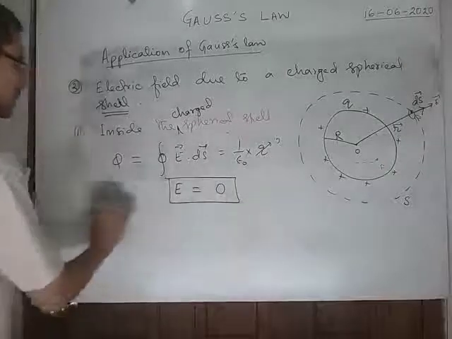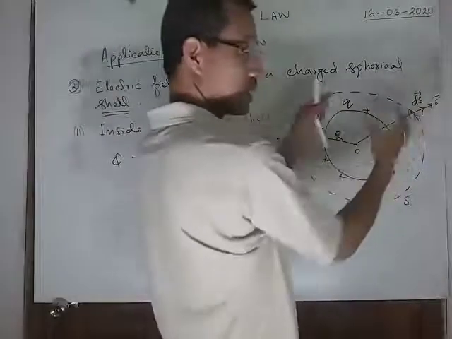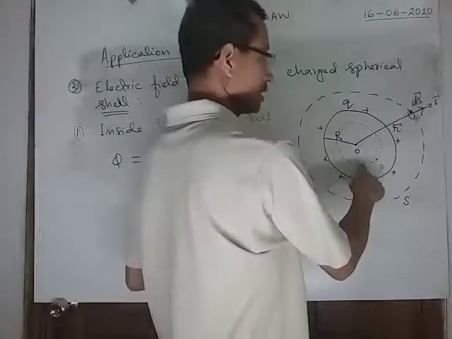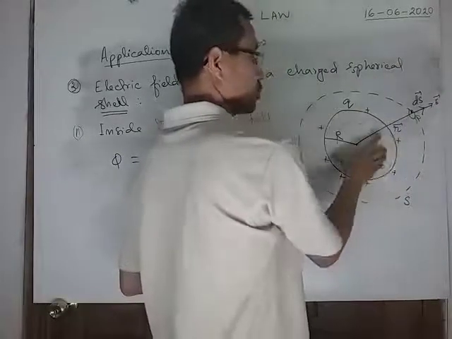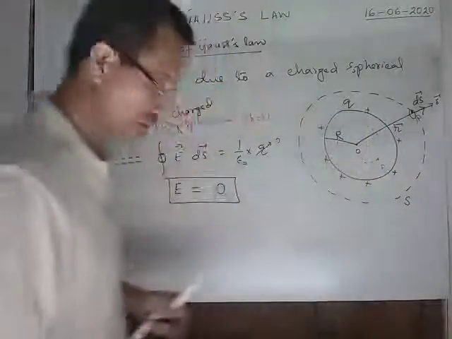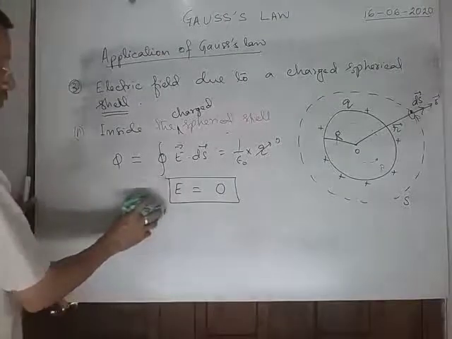Because the car is just shielding, and all charges will be residing outside the car. If you are staying inside, whenever lightning strikes the car, you are well outside the electric field, so you are safe, no shock. That is known as electroshielding.